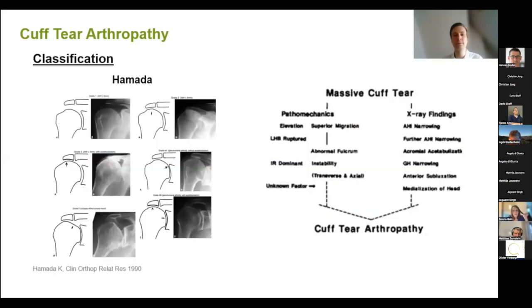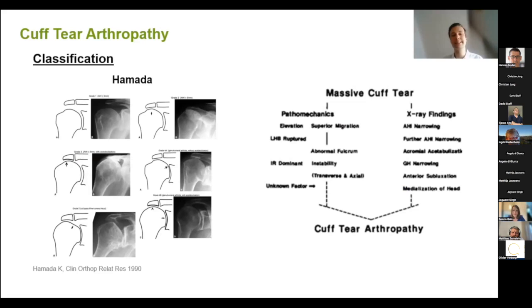The Hamada classification is a commonly used classification scheme that uses a mechanistic approach to explain the radiographic changes seen with chronic large to massive rotator cuff tears. The classification highlights the progressive nature of these tears leading to CTA, and is based on acromiohumeral distance, presence of acetabularization, and finally glenohumeral arthritis with a possible humeral head collapse.